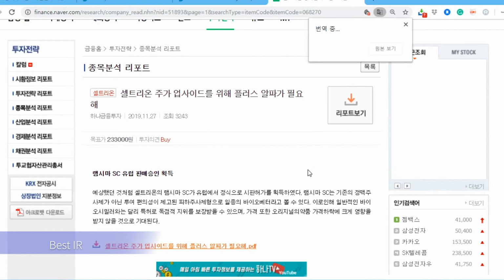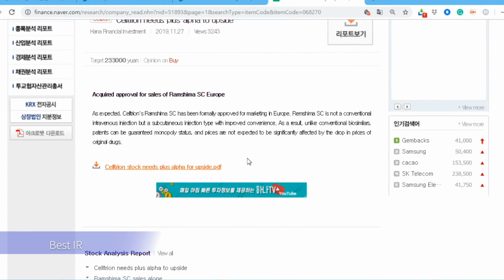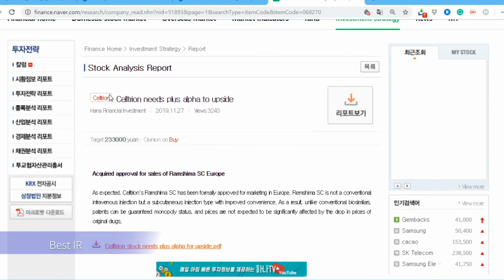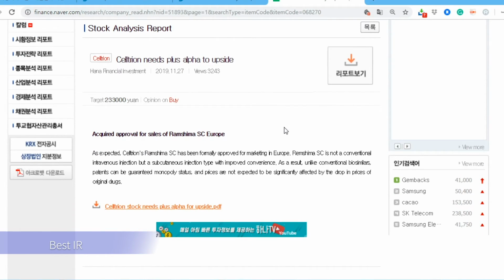So you want to see the title: Celltrion needs plus alpha to upside. So it needs something a little more to bring the stock price up. As expected, Celltrion's Remsima SC has been formally approved in Europe.